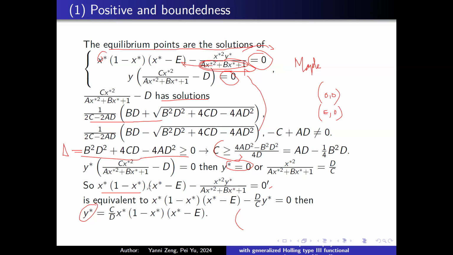Where is x? Oh, I didn't show it here. We need to show it here. We need to solve this equation and we can find X star, and substitute again in another equation and we can find Y star. So we can classify by three solutions. That is called the equilibrium.